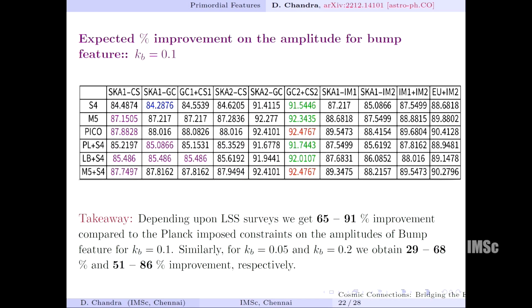For the bound feature, similarly, for the characteristic scale 0.1 Mpc inverse we are getting improvements of about 65 to 91% compared to the Planck-imposed constraint, and for the scales 0.05 and 0.02 we are respectively getting improvements of the order of 29 to 68% and 51 to 86%.